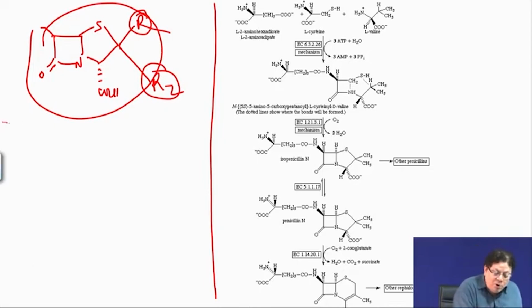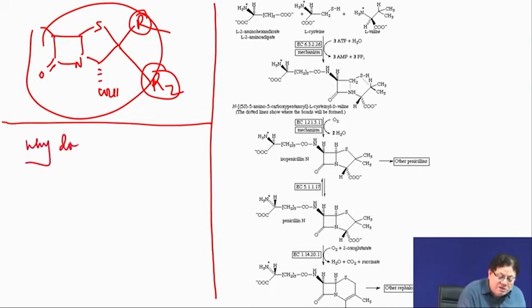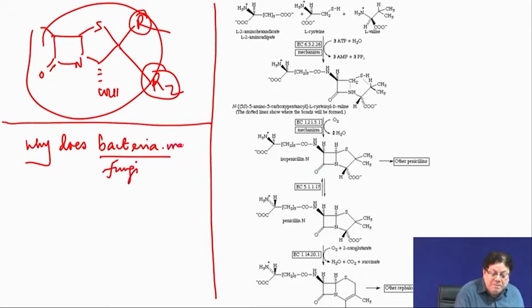But in order to go into those details, what we need is two very basic questions: why do bacteria make penicillin? Why do bacteria or fungi, whatever, make penicillin?